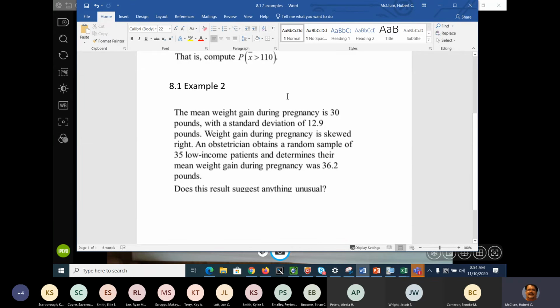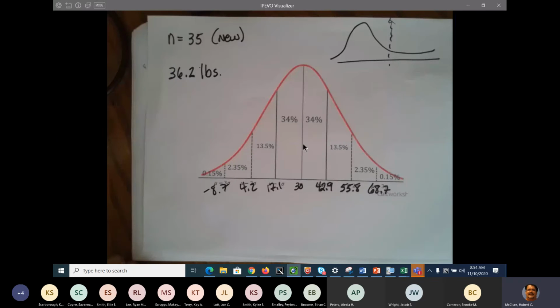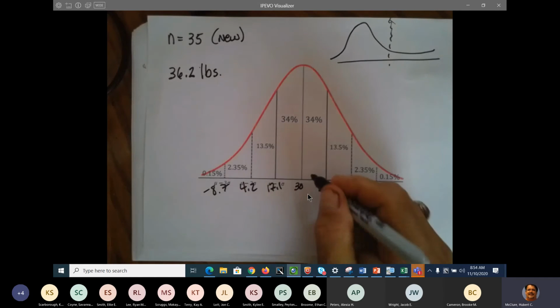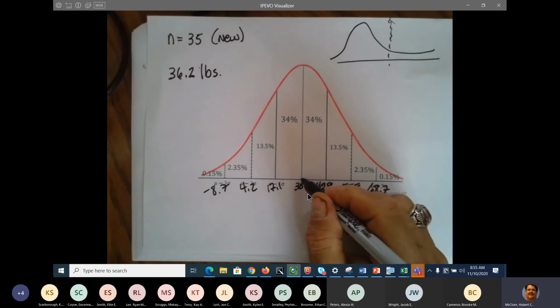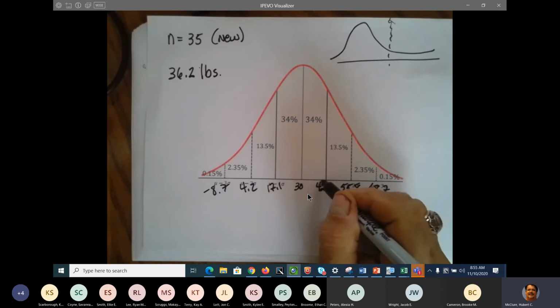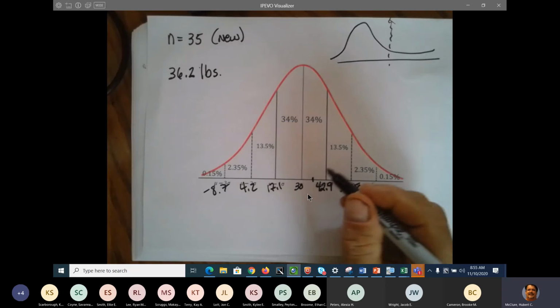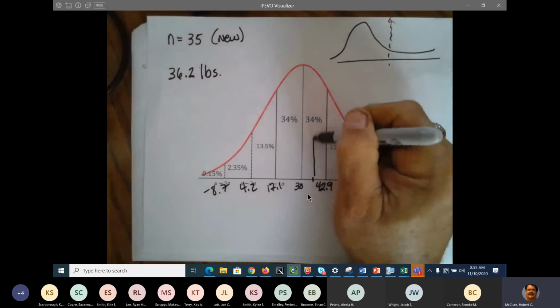Okay, so let's look at what we got. 36.2. I'm just going to graph it right here. 30 to 42 is 12. Half of 12 is 6. So there's 36.